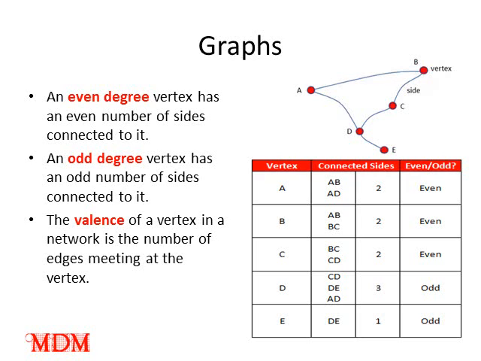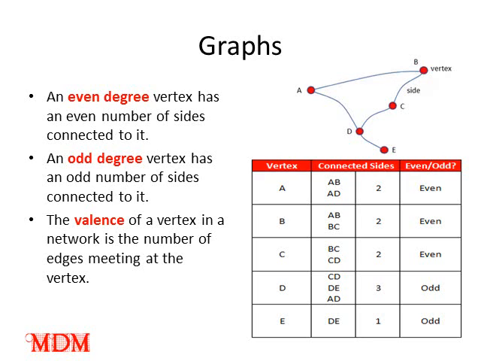So there are 2 connected sides. 2 is an even number, so we would say vertex A is an even degree vertex. B is very similar. There are 2 connected sides, so therefore B is an even degree vertex. C is also an even degree vertex, but D is odd.